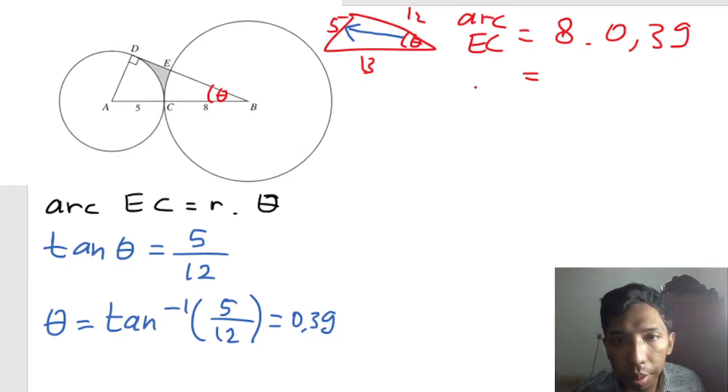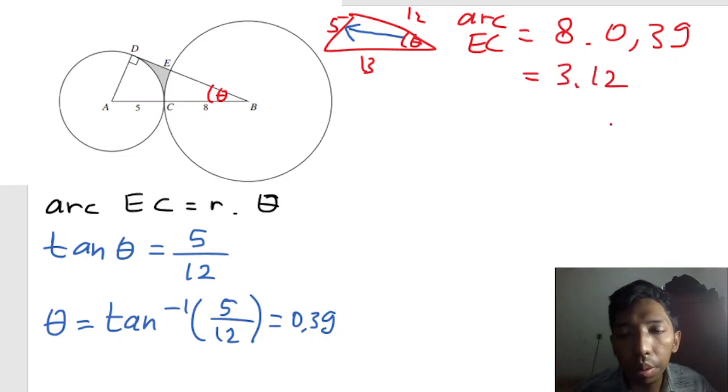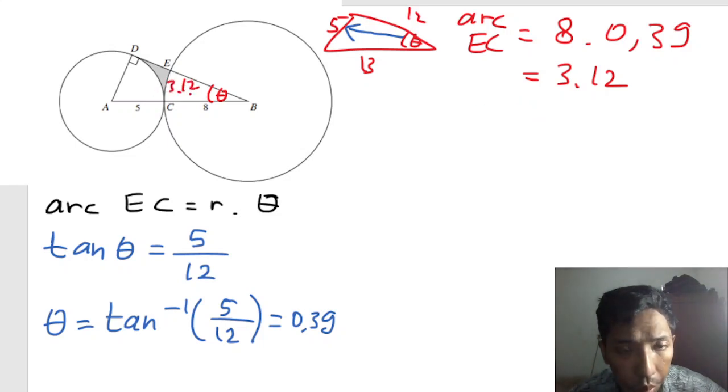This gives 3.12. So we have this one is 3.12, and previously this one is 5.85. We just need to find DE.